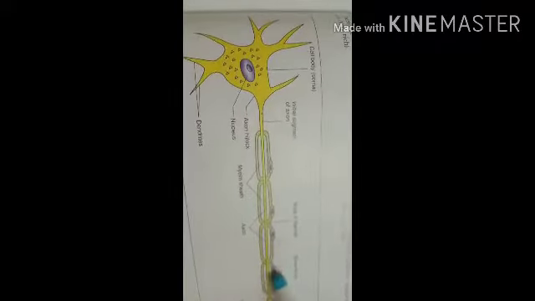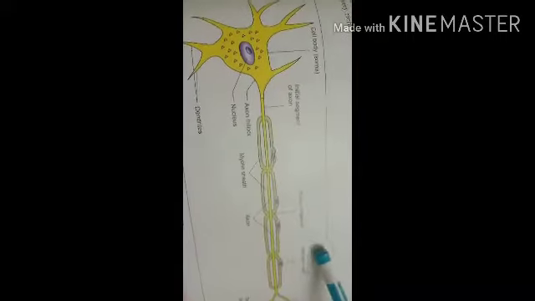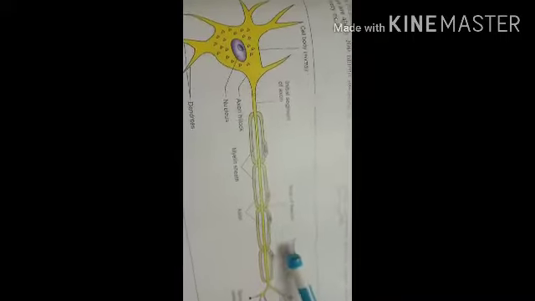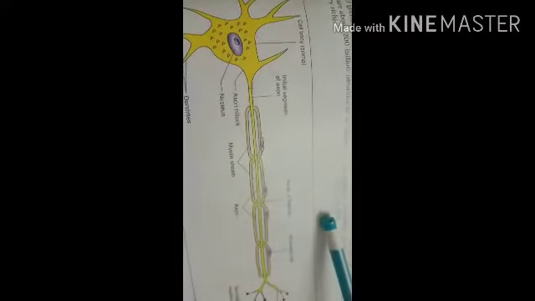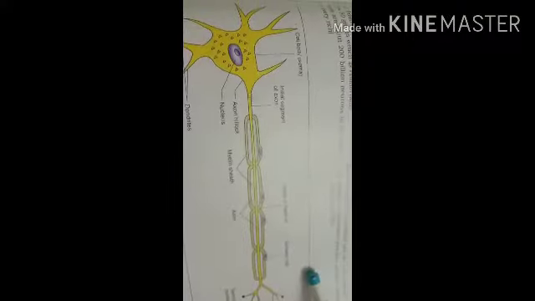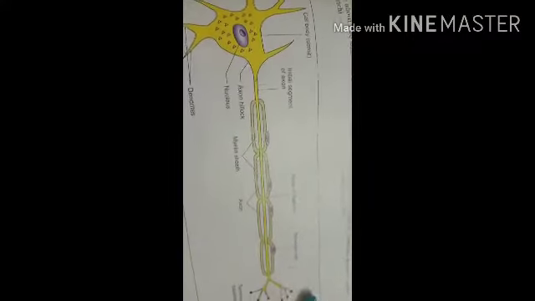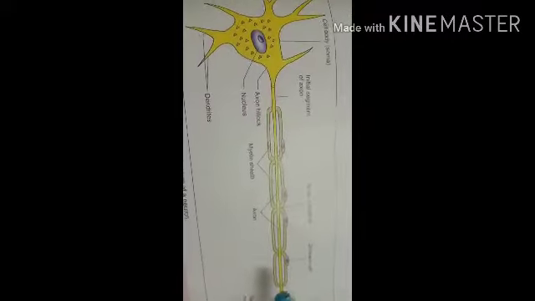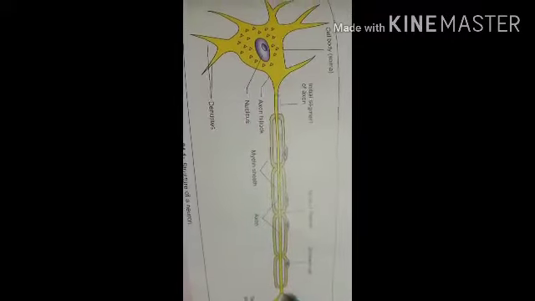Then the nerve: a nerve is a bundle of nerve fibers outside the CNS. Then the tract: a tract is a bundle of nerve fibers present inside the CNS.